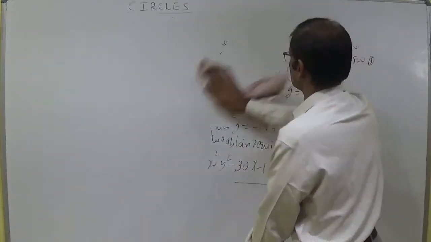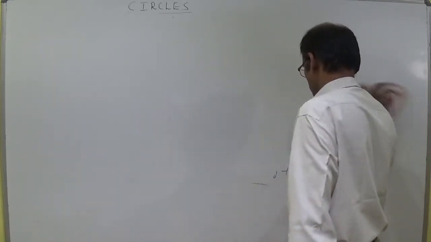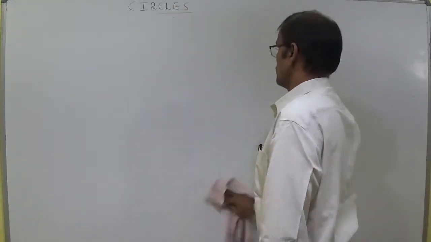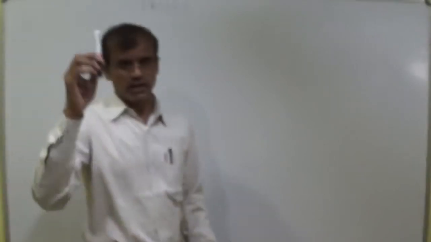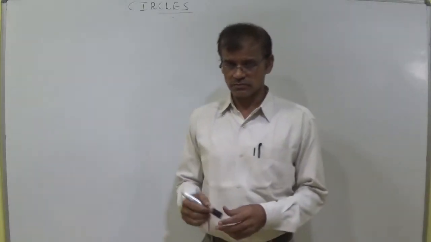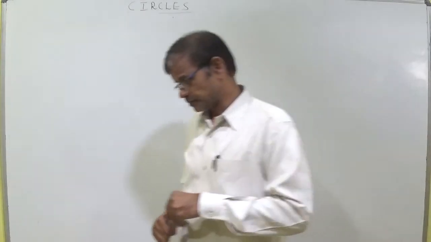After completion of this chapter only I will handle objective, students, because objective is a merged concept. Completely, even level 1 also has, even MCQ also has exercise 1A concept. So let us finish circle chapter entirely. Later I will discuss objective with you.